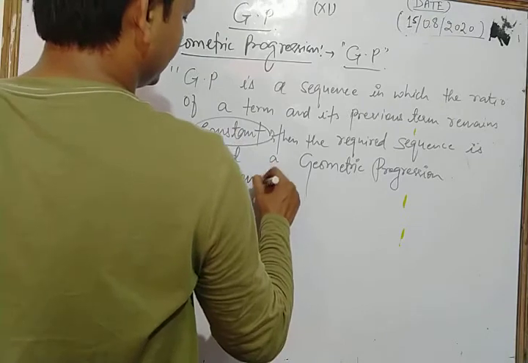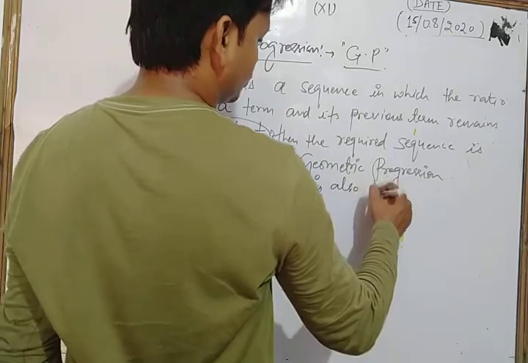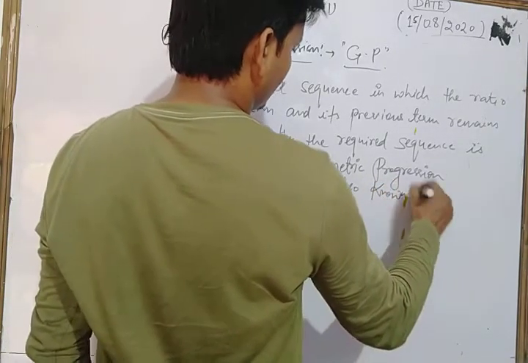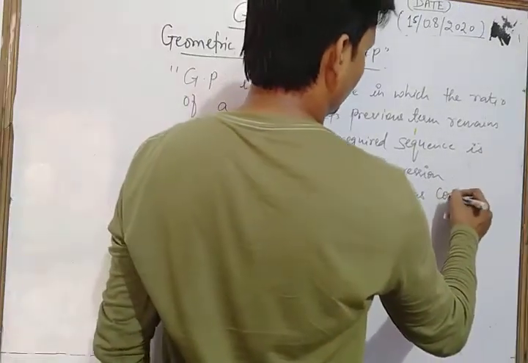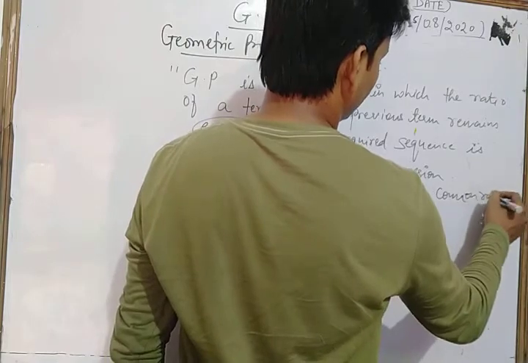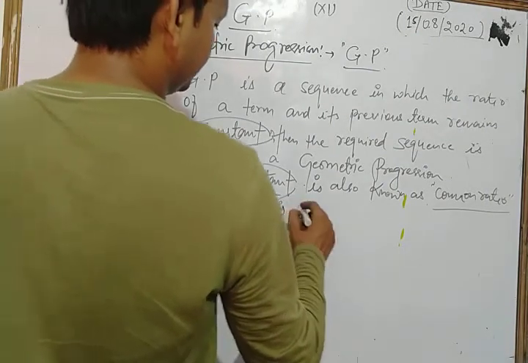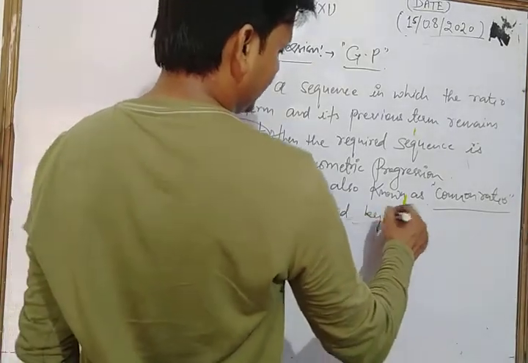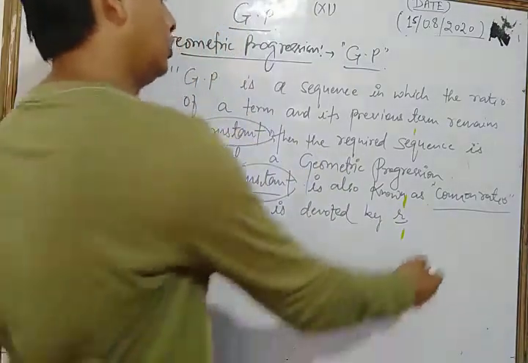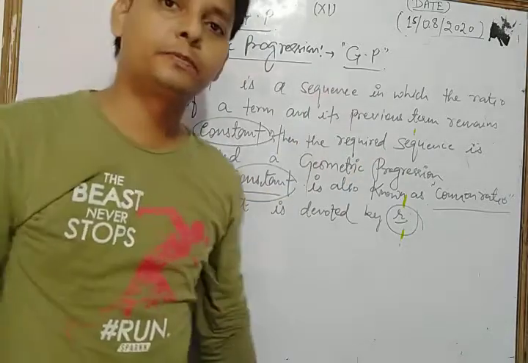This constant is also known as the common ratio, and it is denoted by the small r. This is the most important concept of geometric progression.